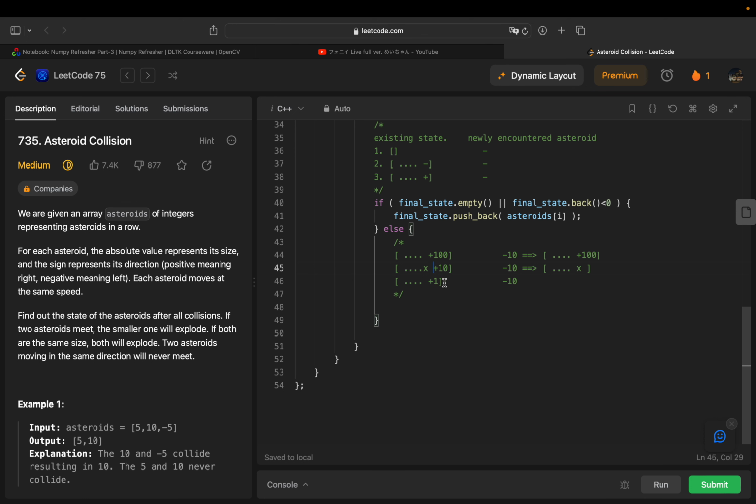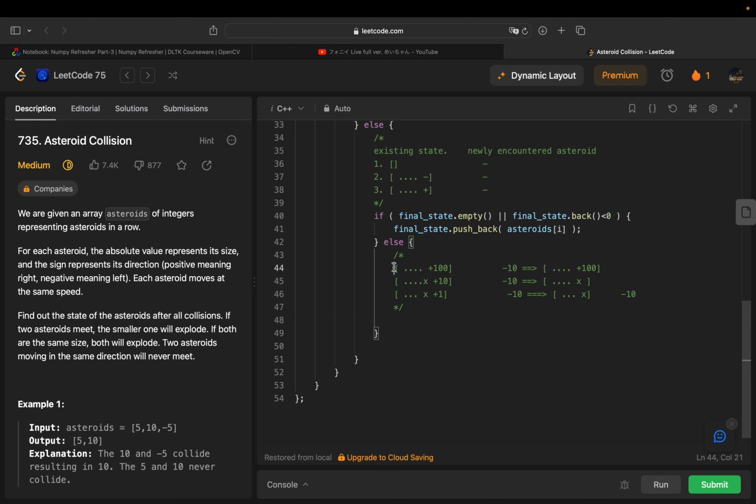The third case is if the last asteroid has a smaller mass, then in this iteration the last one will explode, so we will again depend on the second last one to do the iteration again.